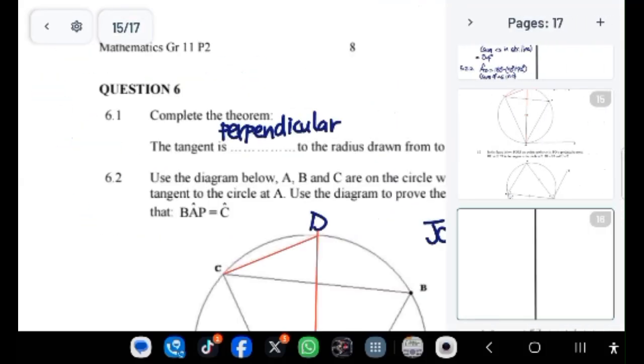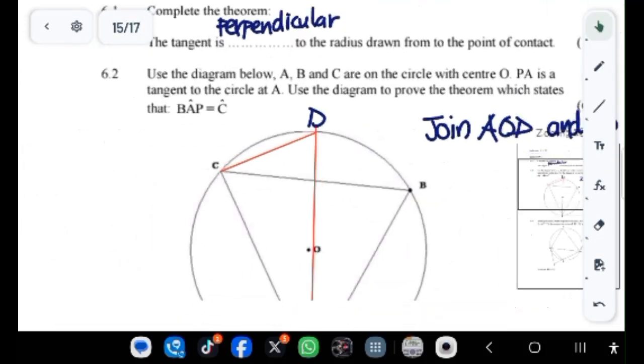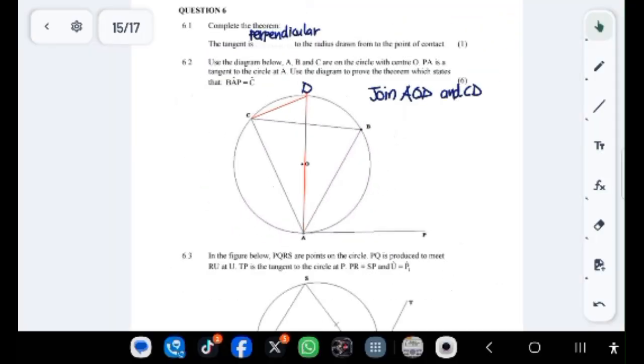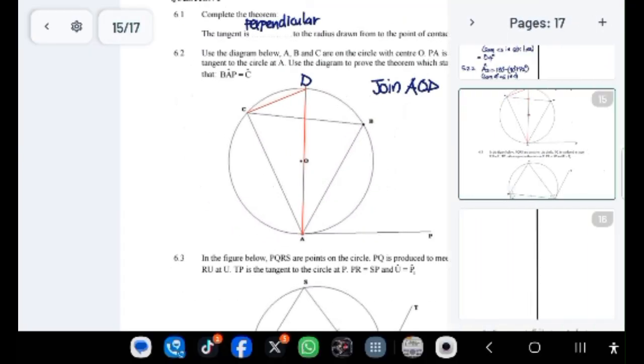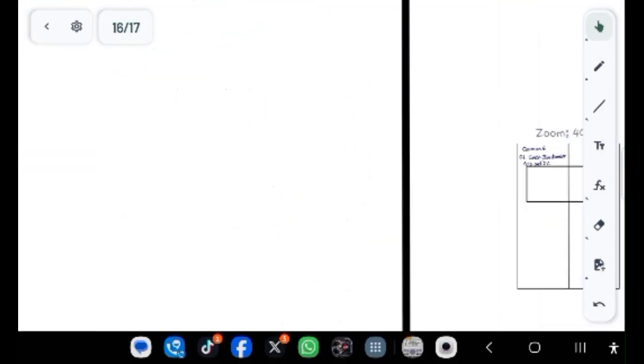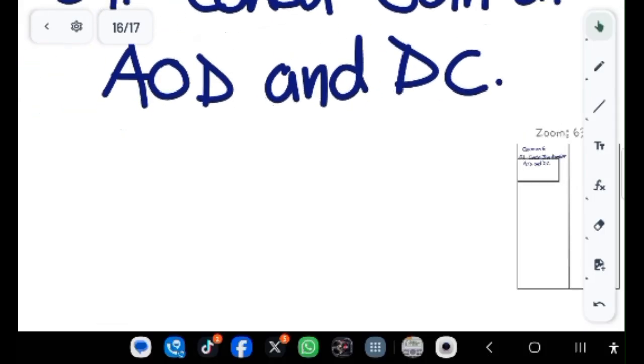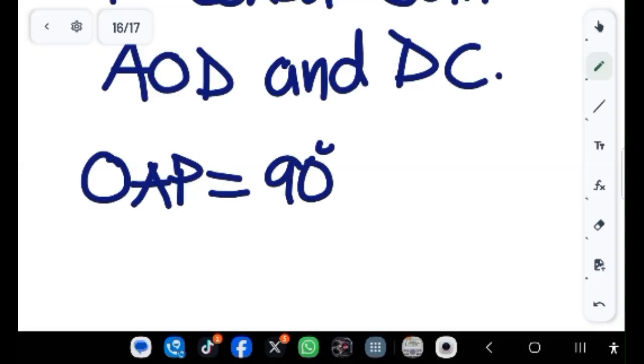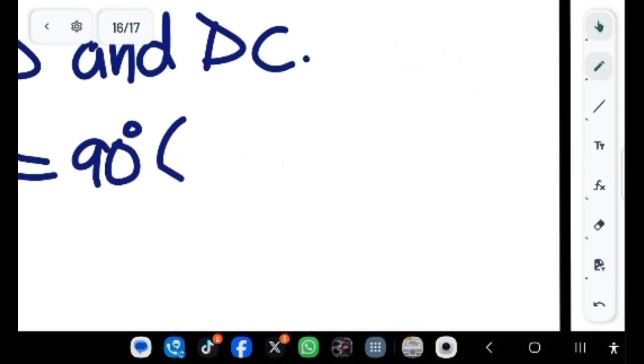So now that you've joined them together, angle OAP is equal to 90 degrees, and the reason is tangent perpendicular to radius.